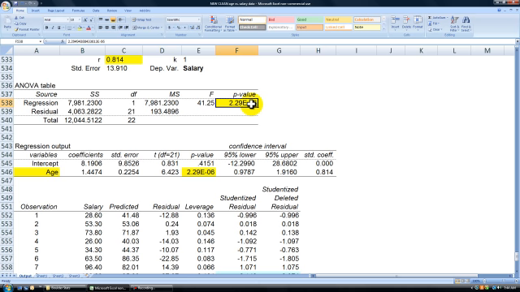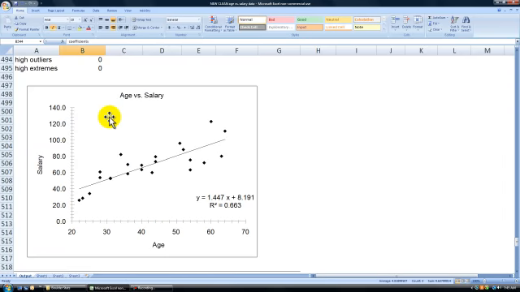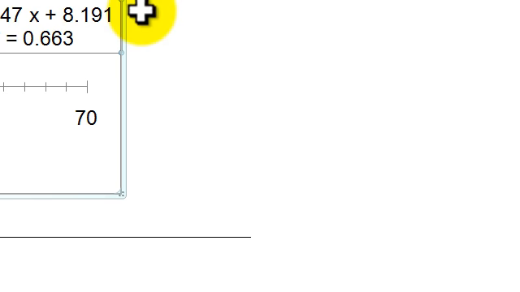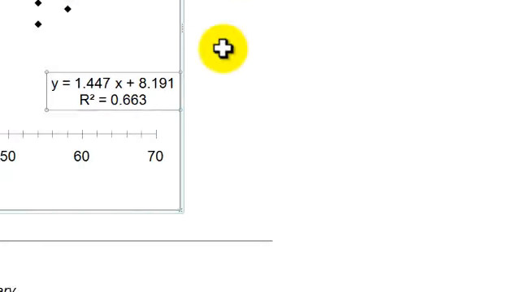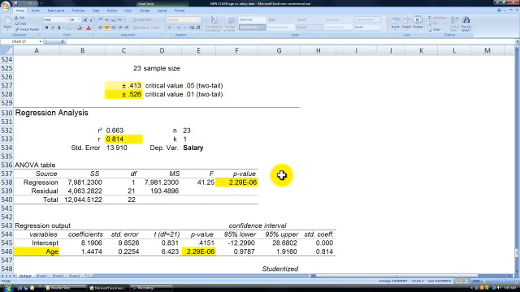And we do in this case because we have a low p-value. And our coefficients help us create this equation here, because we have the slope times x plus the intercept, which gives us a predicted y. So predicted y equals the slope times any value of x plus our intercept. And that's basically regression in a nutshell.